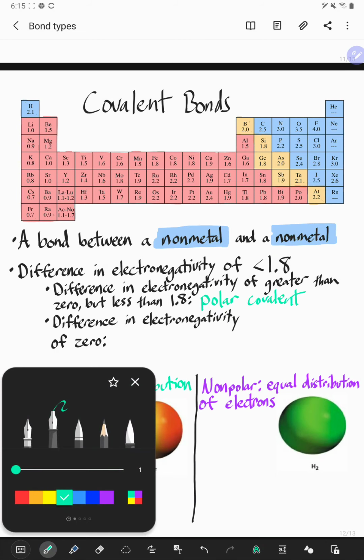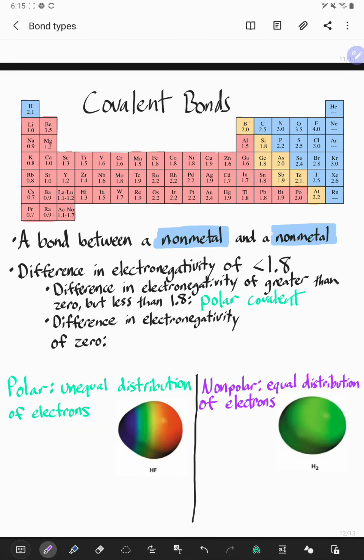And on the other hand, if we have a difference in electronegativity of 0 or very close to 0, for the purpose of this class we're just going to go with the value 0. If we have a difference of 0, we're going to call that a nonpolar covalent bond.